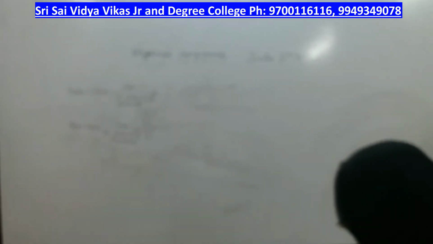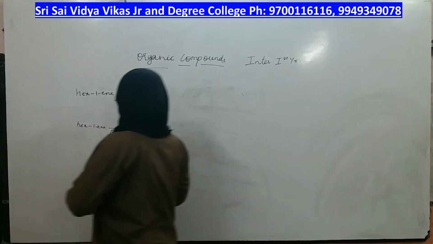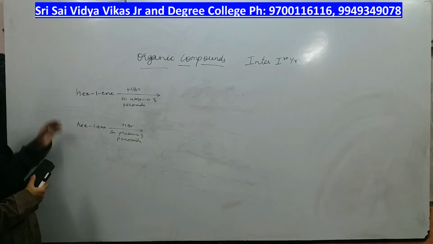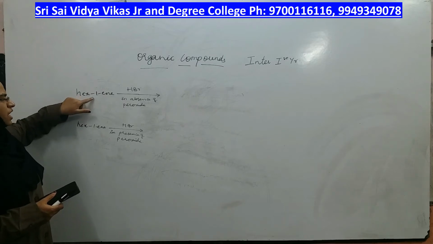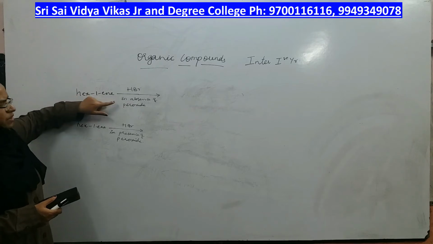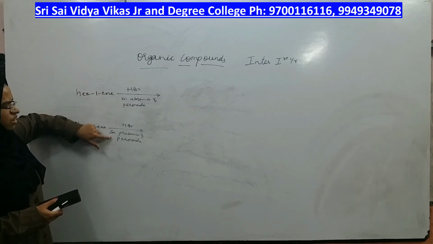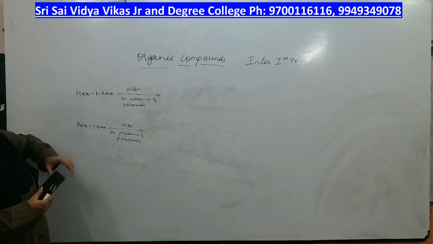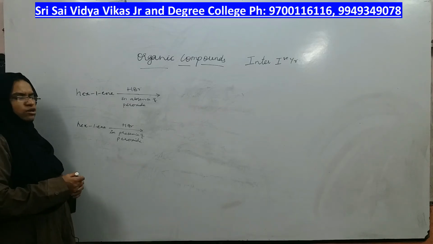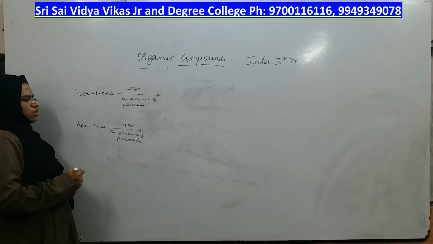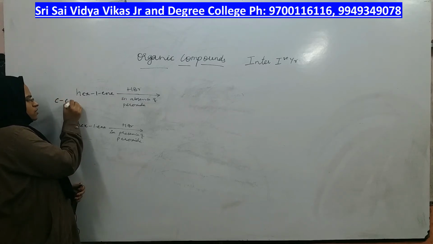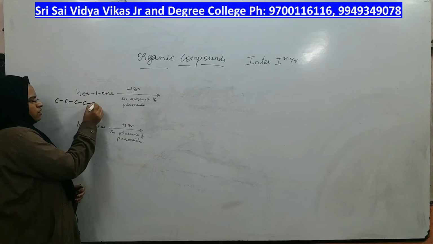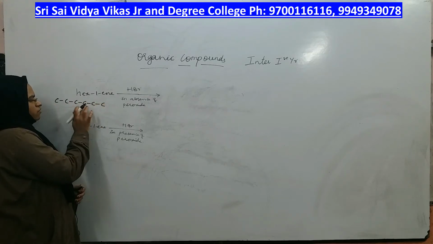Now, let us look at this textbook example in which they are asking: write the products of addition of HBr to hex-1-ene in the presence of peroxide and in the absence of peroxide, right? So before getting to the product, what should we know? We should draw the structure of hex-1-ene. Hex means 6 carbons, 1, 2, 3, 4, 5, 6.